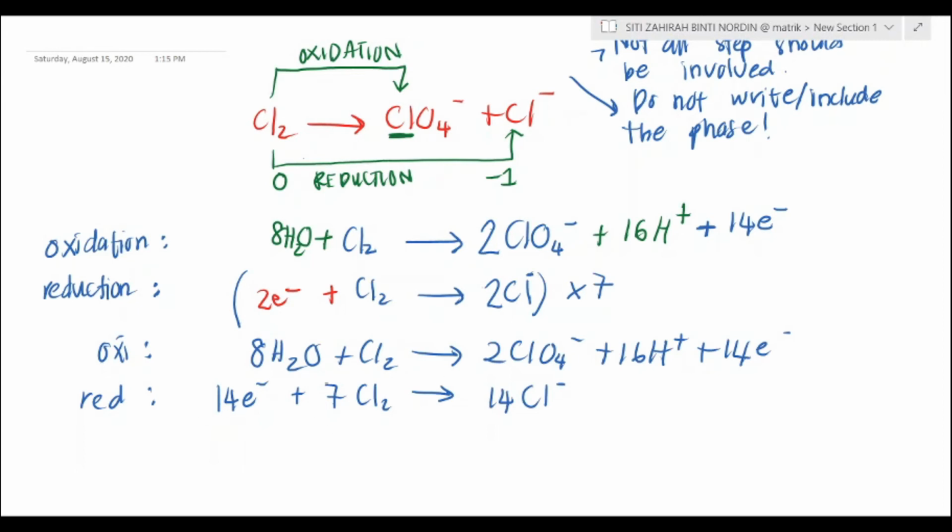Now cancel off your electrons, and look for the same compound or element that can be summed up or subtracted. We've got Cl2 and 7Cl2 on the same side, so we should add them together.